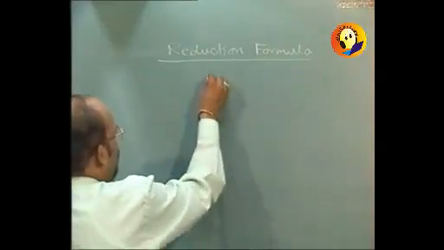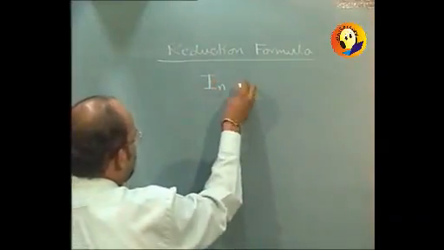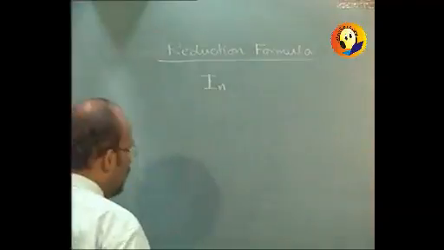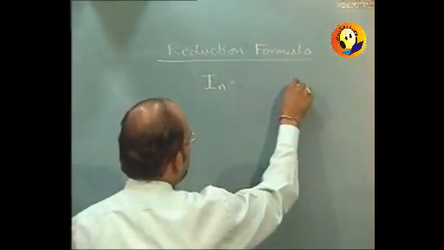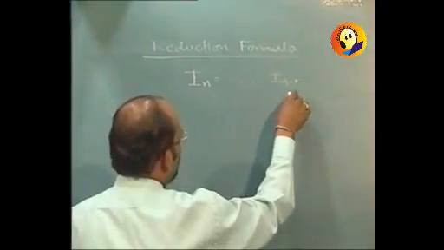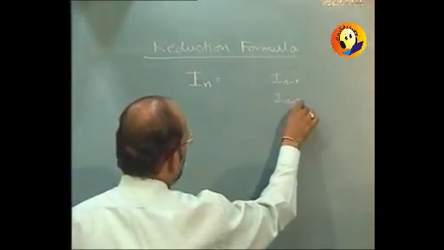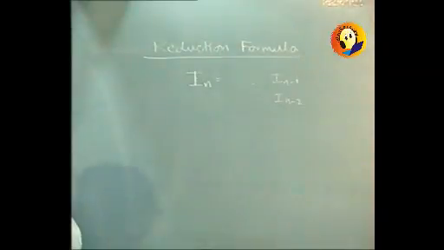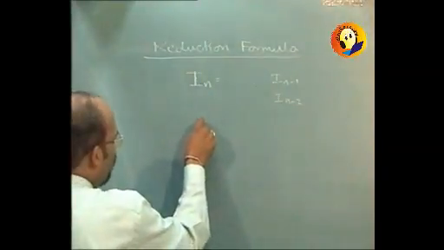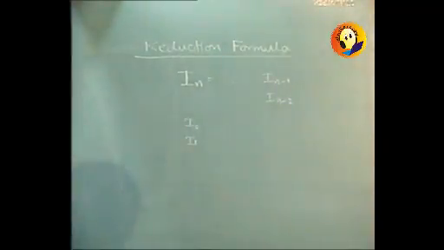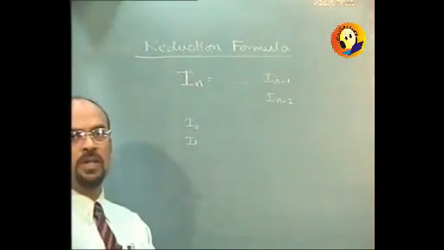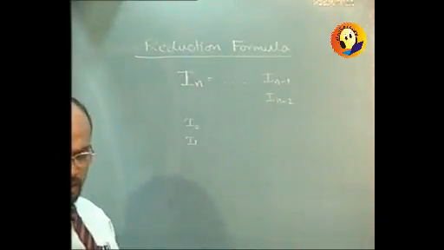We will be having some integral, which could be a definite integral or indefinite integral, and we will try to express it in terms of either I(n-1) or I(n-2) and so on. So that effectively if we could find out I0 or I1, then by back substitution we could be in a position to find out the value of the nth integral as such.